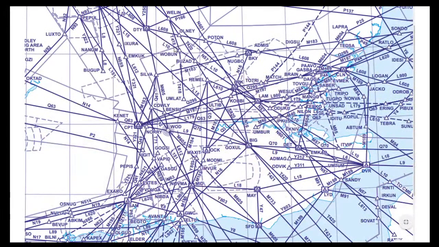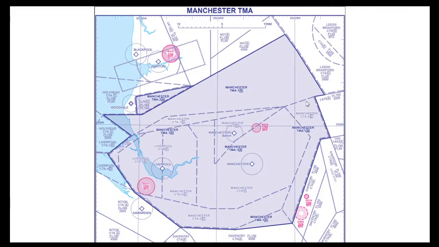Let's take a look at that presentation one more time. Here you have a picture of a TMA, Manchester TMA in the United Kingdom. So let's imagine that we have somebody departing from here and that they want to join an airway that leaves from here. So it means that basically they will be maneuvered in the TMA with regard to the rest of traffic, but they will at the same time be climbing quite a lot.